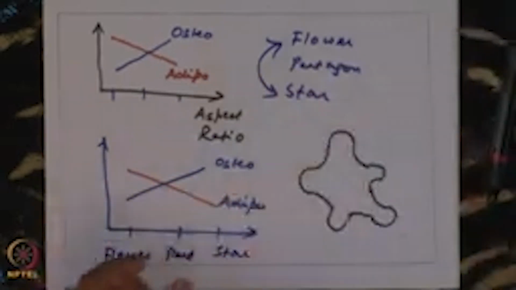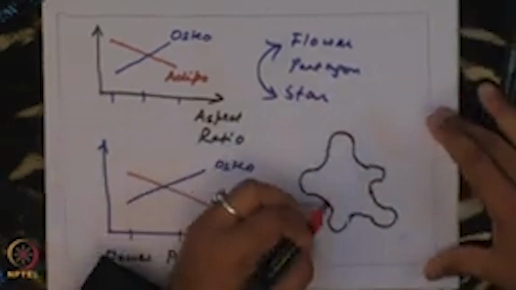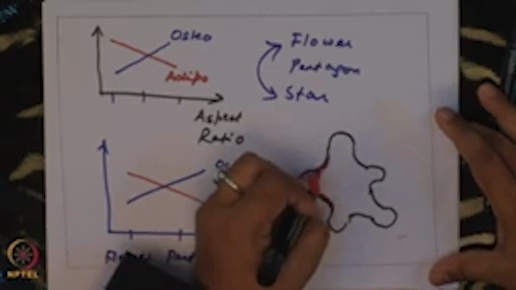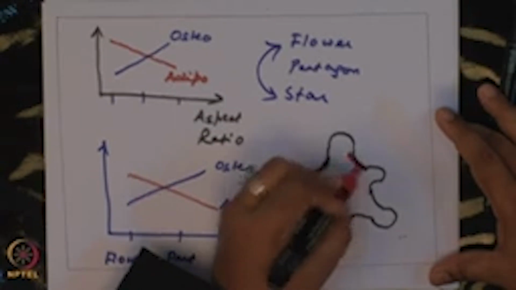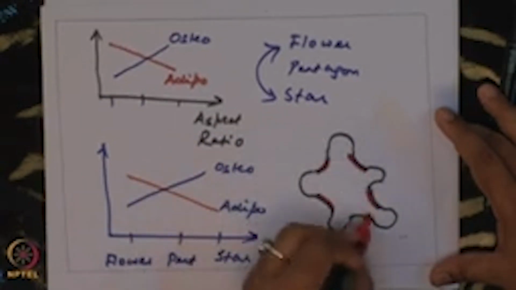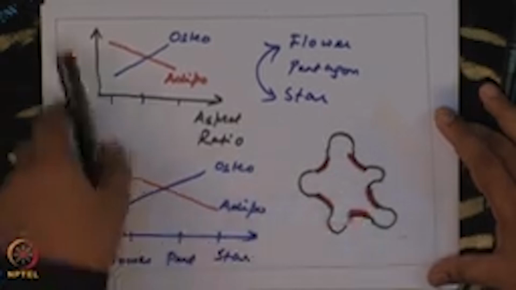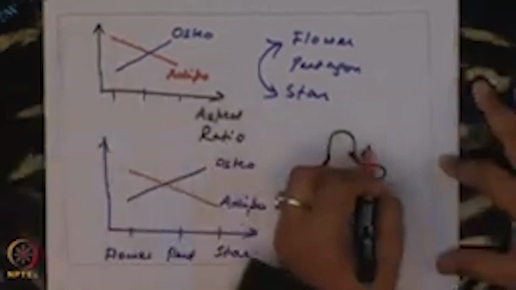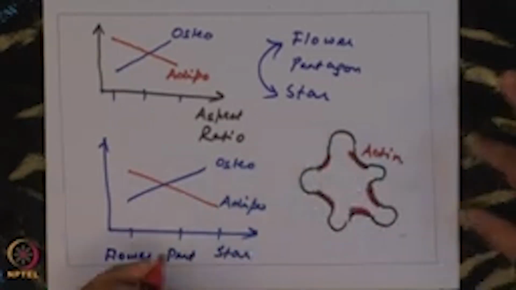If I were to draw a heat map, what they found on the flower patterns was, the red denotes the actin signal, and on the flowers you had increased actin signal on these edges.